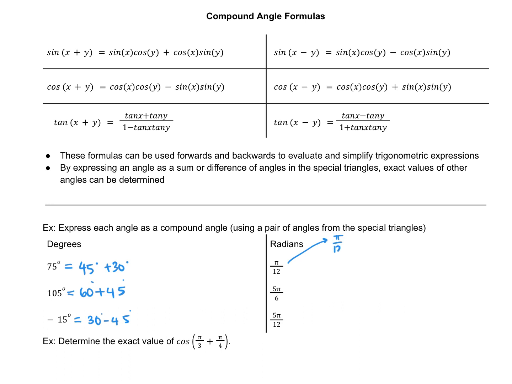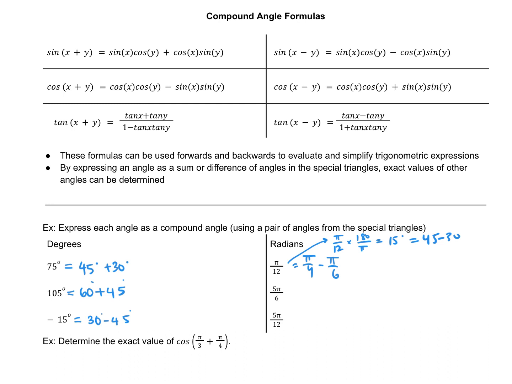So pi over 12 times 180 over pi, and that's 15 degrees. And now I'm thinking, how do I get 15 degrees? 45 minus 30. Let me put those into my radian measures. So pi over 4 minus pi over 6. So that's an option.